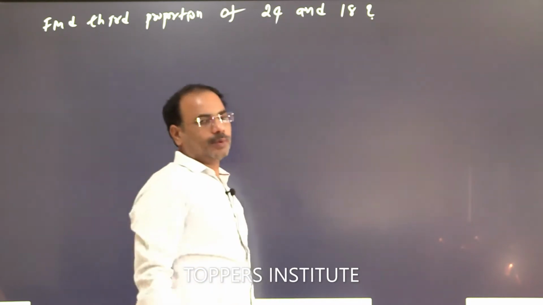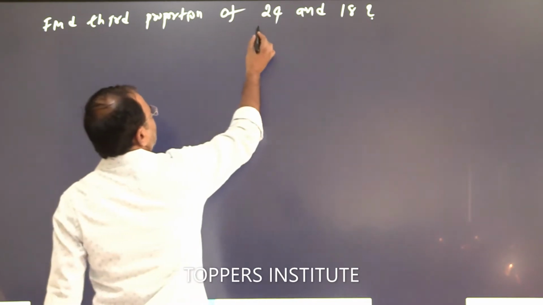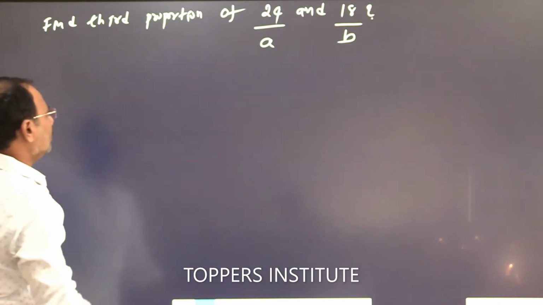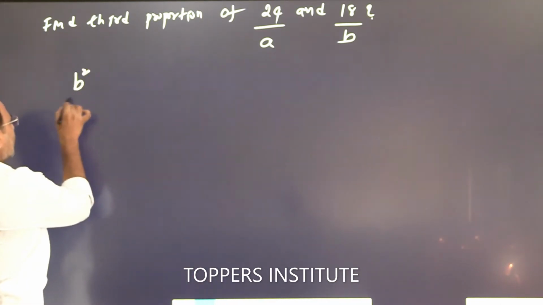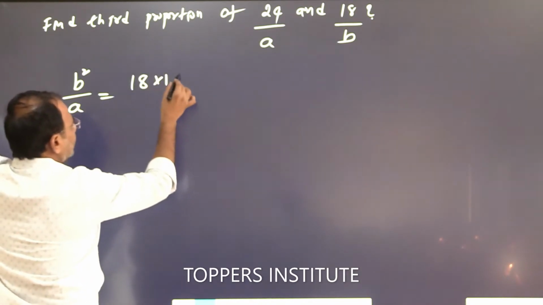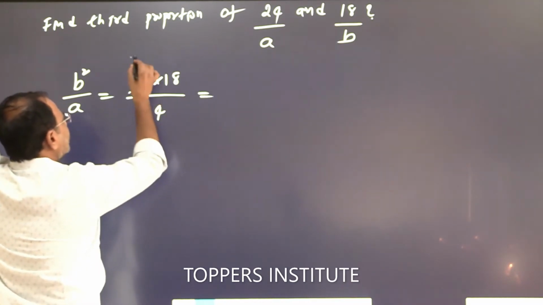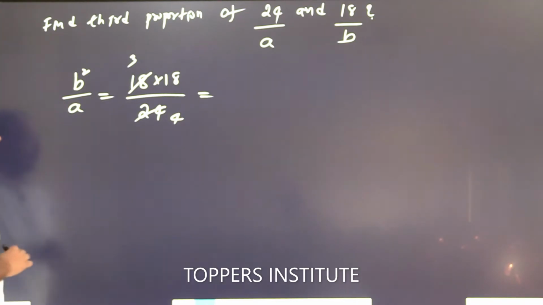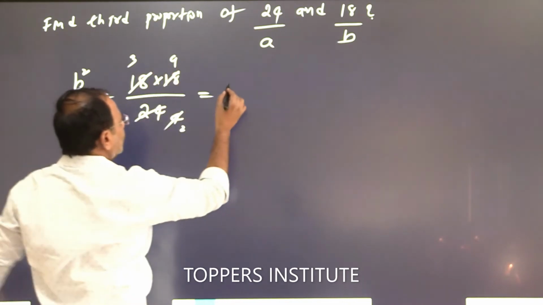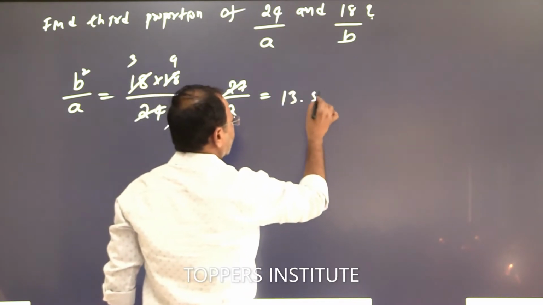The first term is taken as A, the second as B. Definitely, take first term A, second term B. Then third proportion of A and B is B square by A. B is 18, so 18 into 18, B square, by A which is 24. 6 3s 18, 6 4s 24, then 2 2s, 2 9s, 3 into 9 is 27, so 27 by 2, that is equal to 13.5.